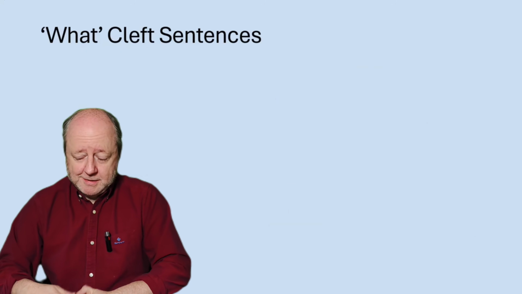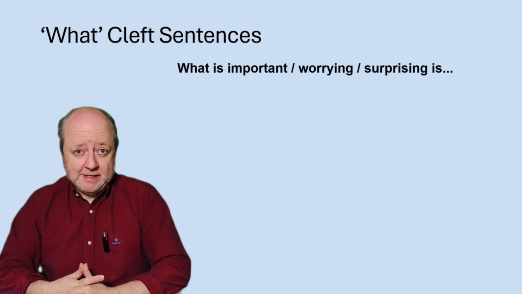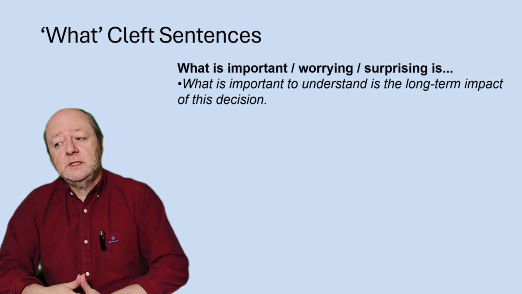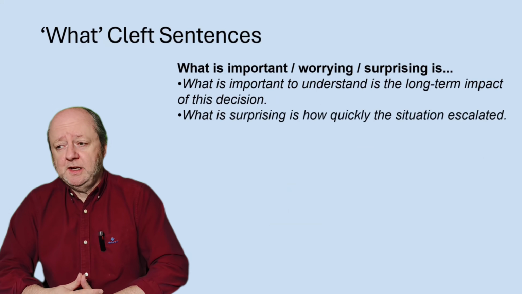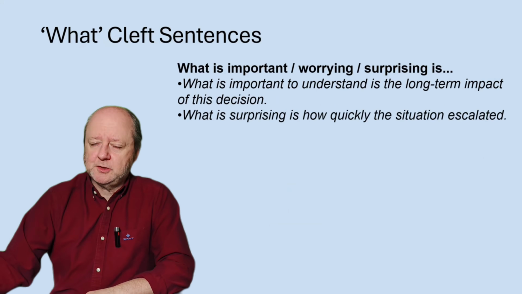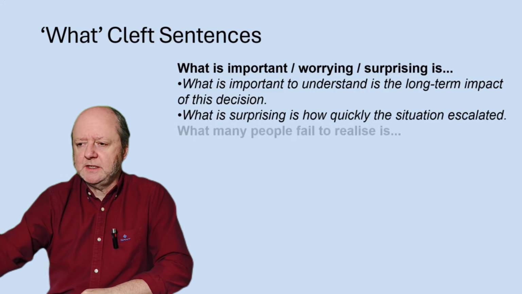Here are some what cleft sentences. What is important, worrying, or surprising is. What is important to understand is the long-term impact of this decision. What is surprising is how quickly the situation escalated. So you've got the phrase at the beginning and then your main point at the end.